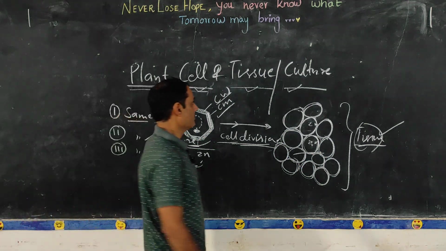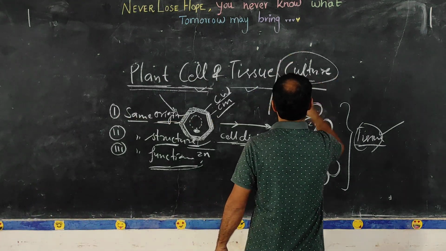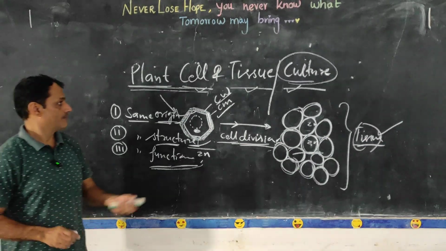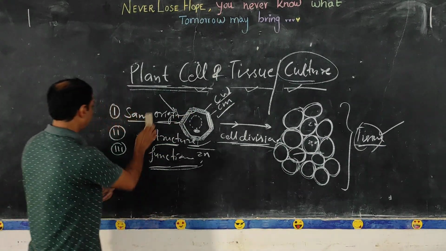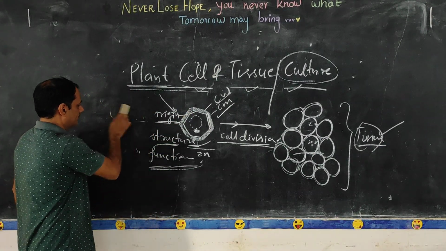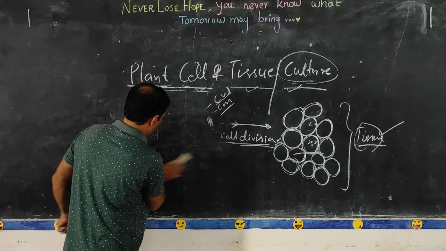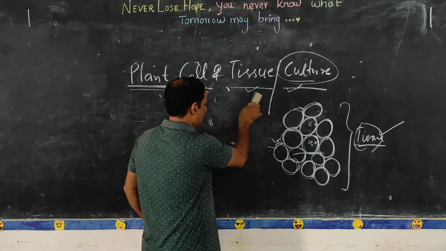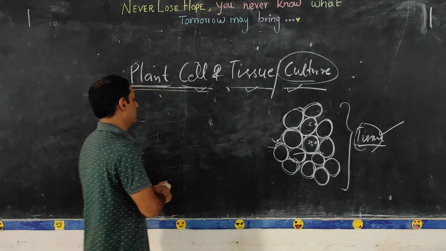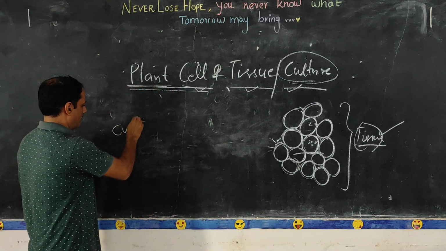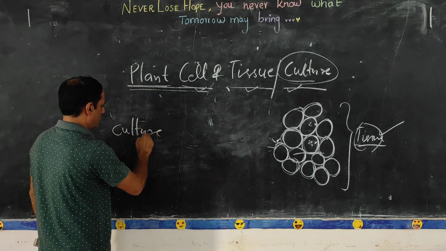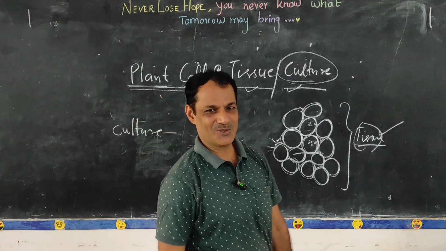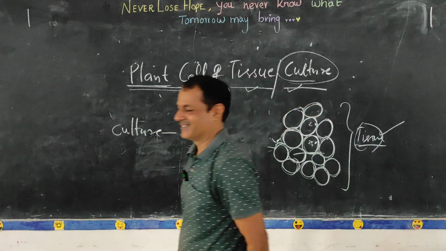Now what is culture here, right? Culture has a meaning. Culture means growth and development. Basically, culture means growth and development. It's not like South Indian culture or North Indian culture, right?